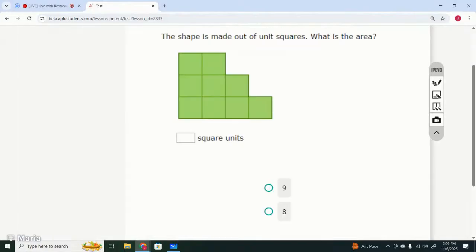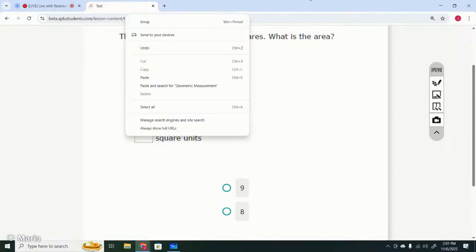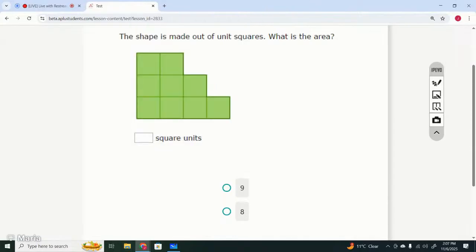The correct option is 8. 9 it is. The correct option is 9. Very good.